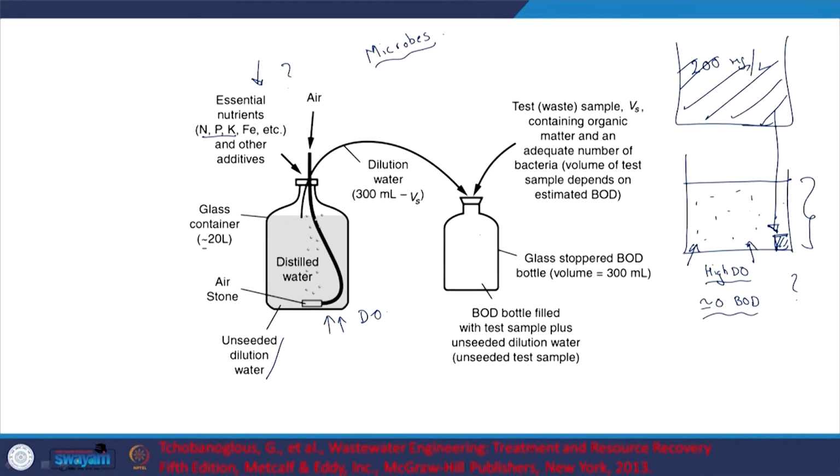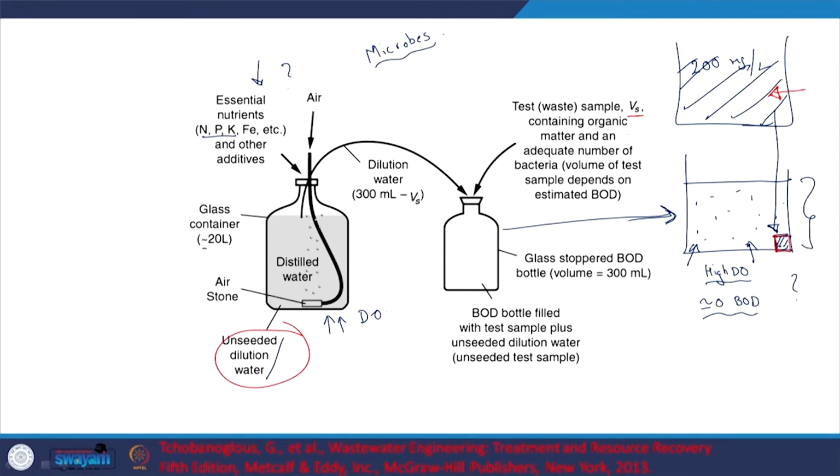And then this I will transfer from this bottle into this container, and then the test sample, this is what we have out here, the test sample, containing organic matter and an adequate number of bacteria. I am assuming that this wastewater already has bacteria, that is why I am not adding any bacteria, right.